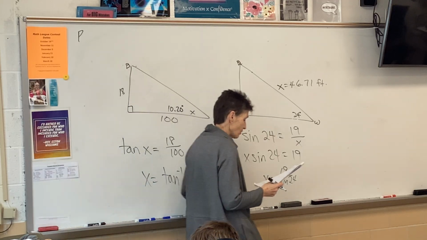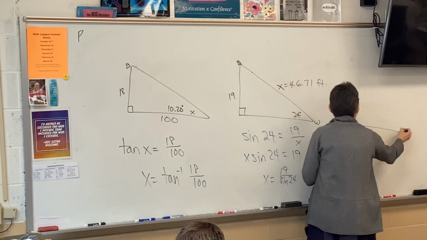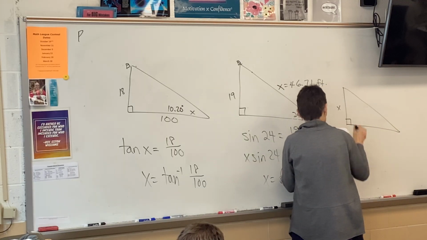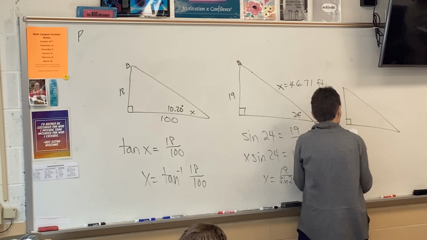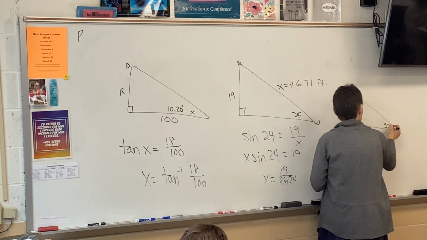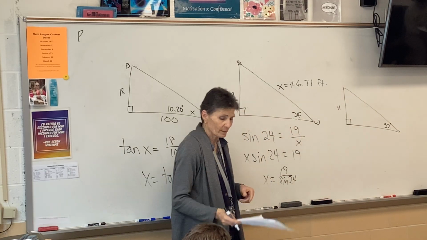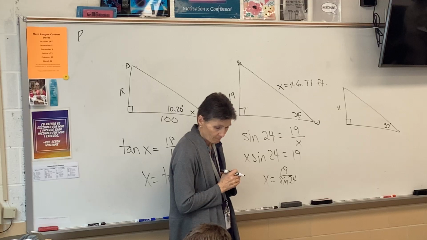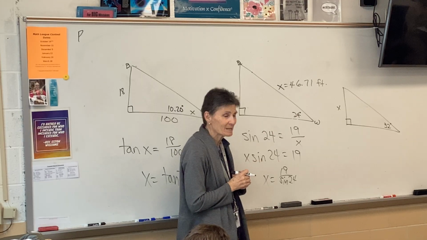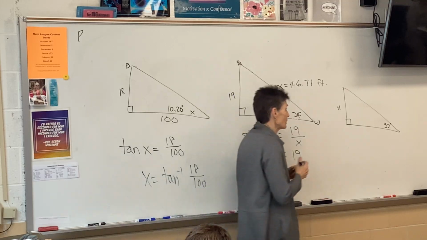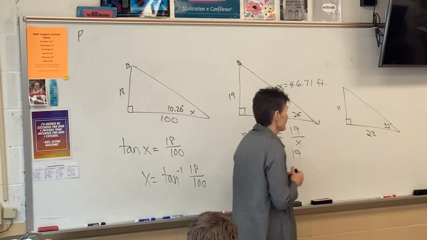Last easy one, then they're gonna get a little harder. How tall is a flagpole? It casts a 23-foot shadow when the angle of elevation is 32 degrees. Where is my x going to go? Oh, I already got my x. Where is my 23 going to go? 23 is here on the ground, yeah. Sine, cosine, or tangent?